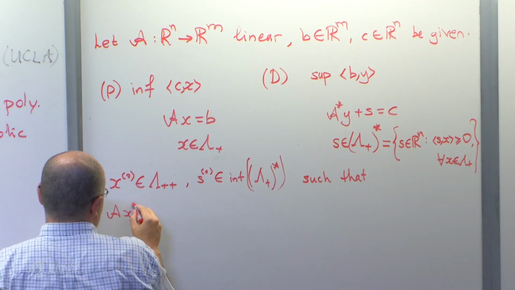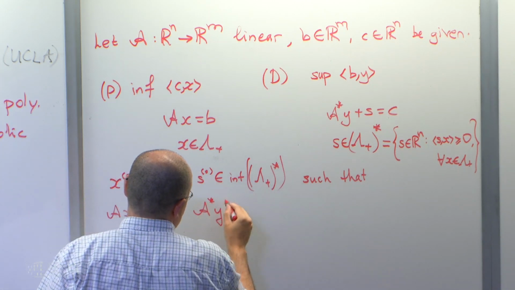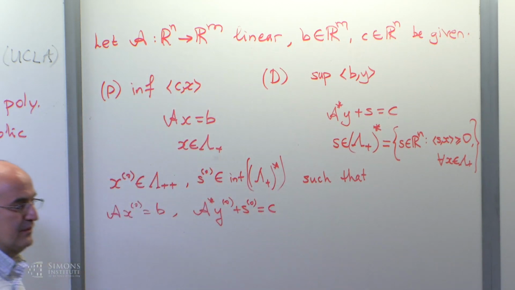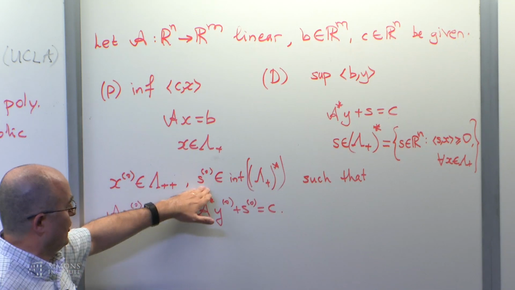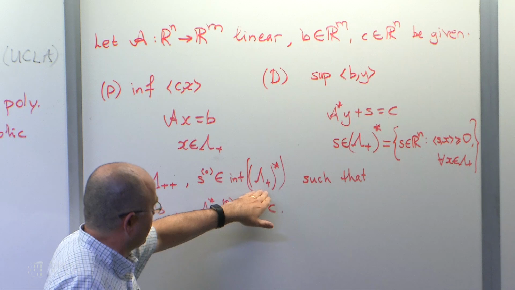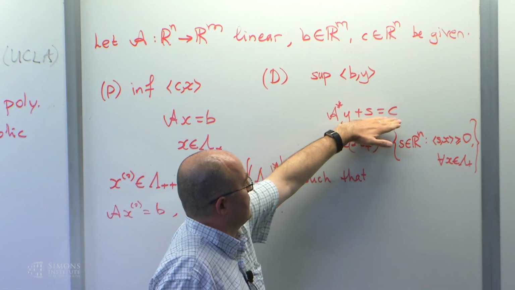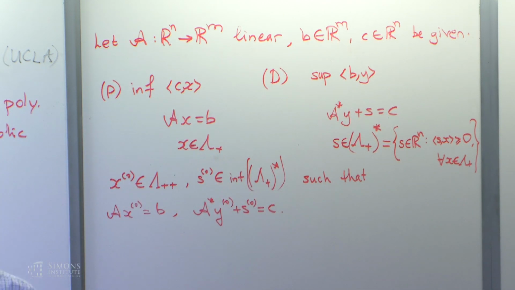So Ax0 is equal to B, and A star y0 plus S0 is equal to C. Now you might say, you didn't define y0. What's y0? Well, if you give me an S0 that is in the interior of the dual cone, such that it satisfies this equality for some y, I mean by y0 such a y. So again, I'm defining it implicitly.